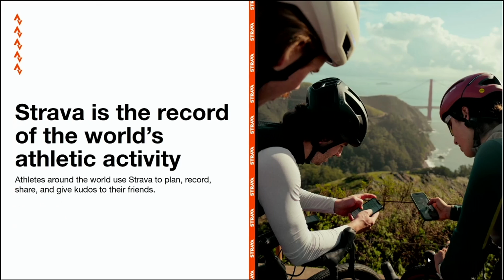If you don't know what Strava is, it's the record of the world's athletic activity. Athletes around the world use Strava to plan, record, share, and give kudos to their friends. We connect athletes all over the world, and people use our platform to share and motivate their friends.